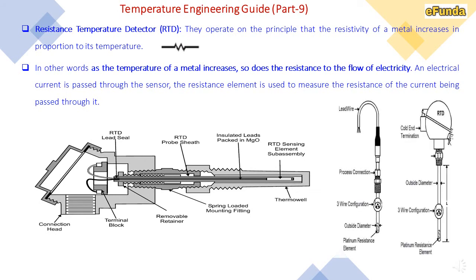In another figure one can see how the components are placed and details of each component: lead wire, process connection, 3-wire configuration, OD that is outside diameter, and platinum resistance element. This is how the RTD looks and their typical construction.